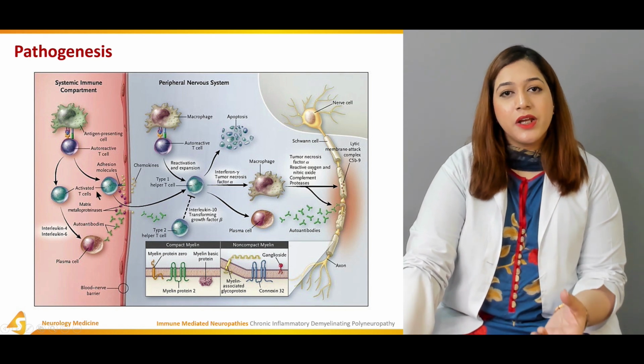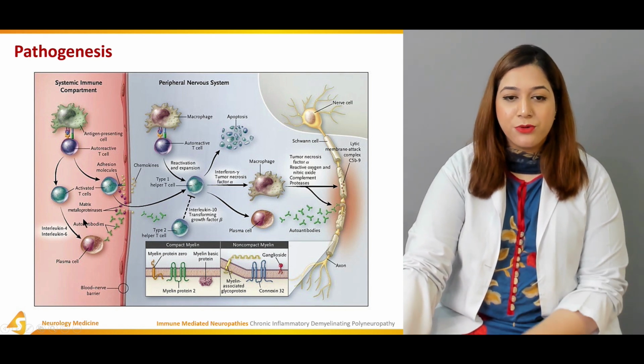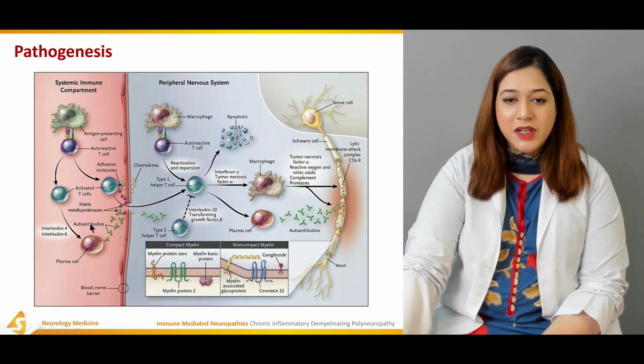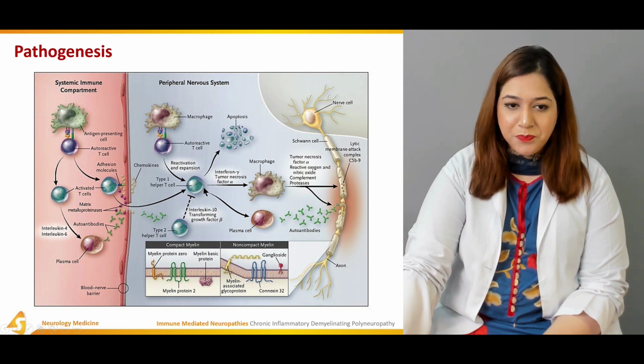All these adhesion molecules, matrix metalloproteinases and chemokines damage the blood-nerve barrier and allow the T cells to enter the peripheral nervous system.